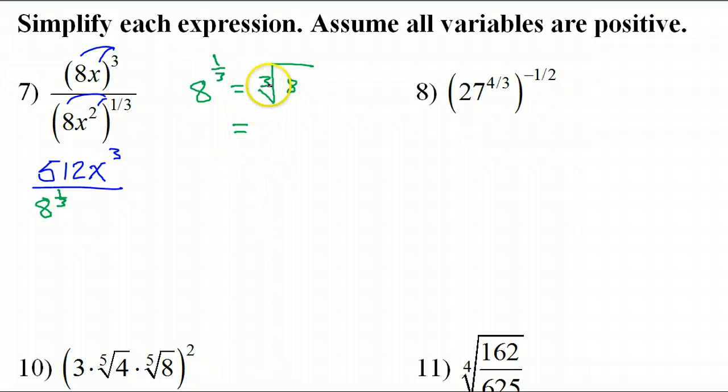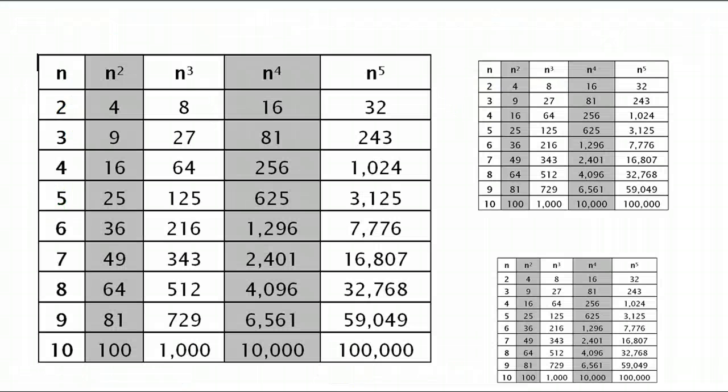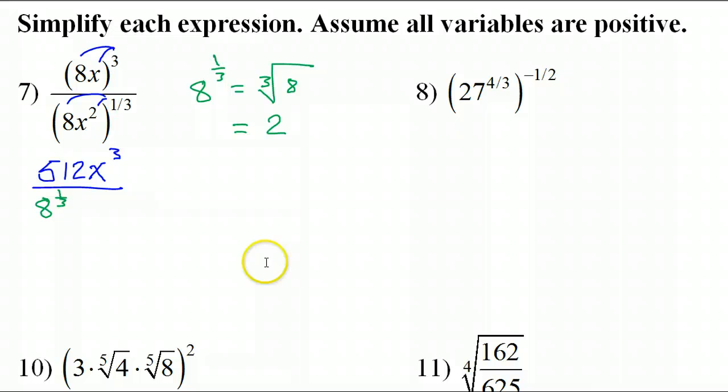And we all know that the cube root of 8 is 2. And if you don't, use your chart. Cube root of 8 is 2. So 8 to the 1/3 power is 2. So let's not even waste time. Let's just go ahead and put 2. Okay, so 8 to the 1/3 power is 2.